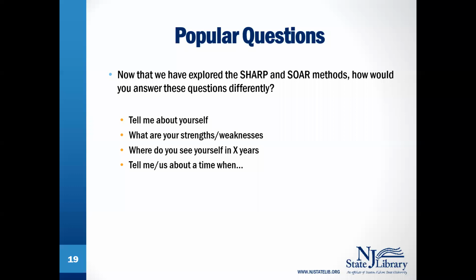To explore my strengths, I might use SHARP, but then to talk about my weaknesses, especially how I overcame a weakness or how I problem solved around one of my weaknesses to still get a positive result, I might use SOAR. So I could use both methods in the second question. Where do you see yourself in X years?